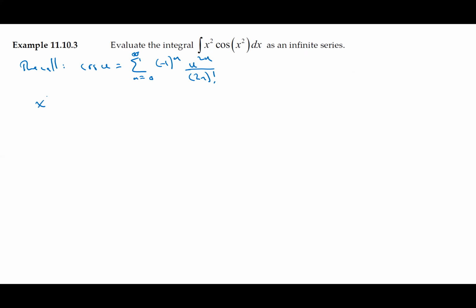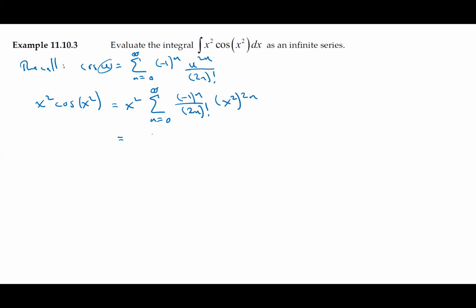X squared cosine x squared. X squared is going to operate as that u. So I can write this as follows. Oh, sorry, x squared to the 2n.